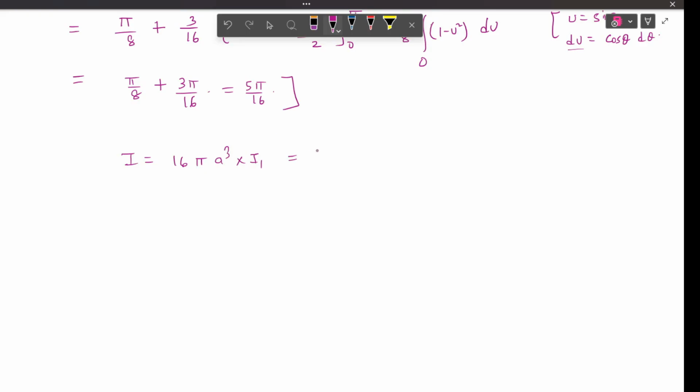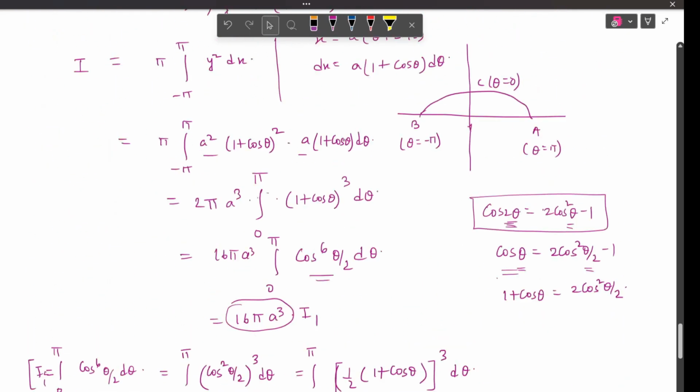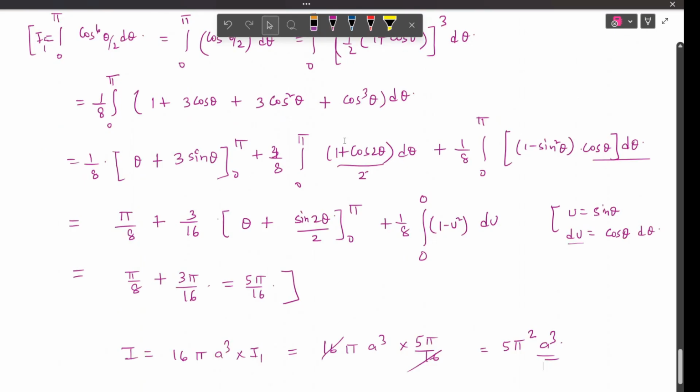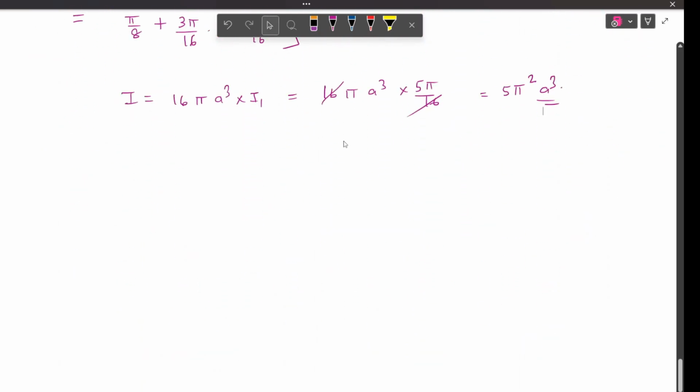So I1 is 5 pi by 16. So it is 16 pi into a cube into 5 pi by 16. So it will be 5 pi square a cube. This is the answer. So here integration takes a lot of time, so you have to be very careful about this.